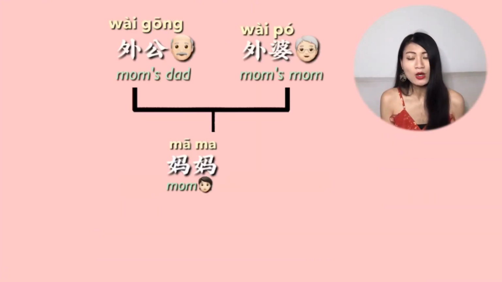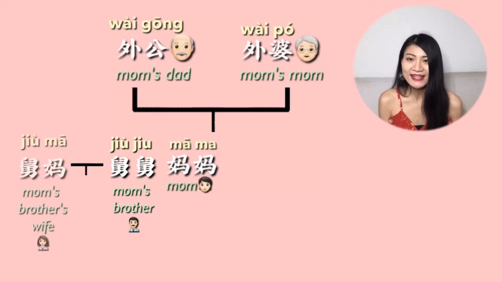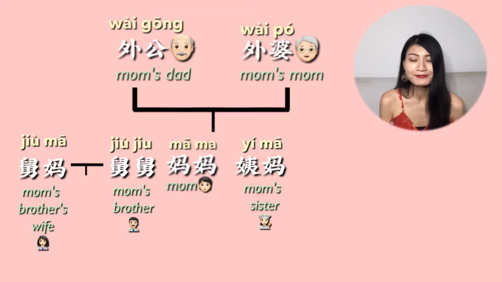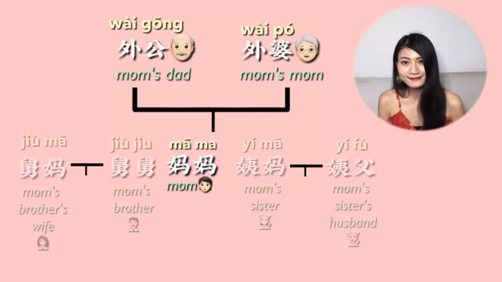And for mom's siblings, we will call mom's brothers, no matter elder or younger, 舅舅, and their wife 舅妈. And for our mom's sisters, we will call them 姨妈, and their husband 姨父.